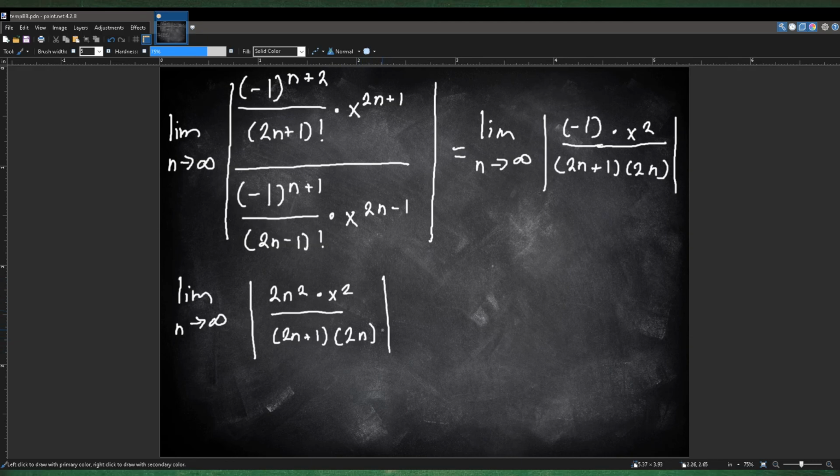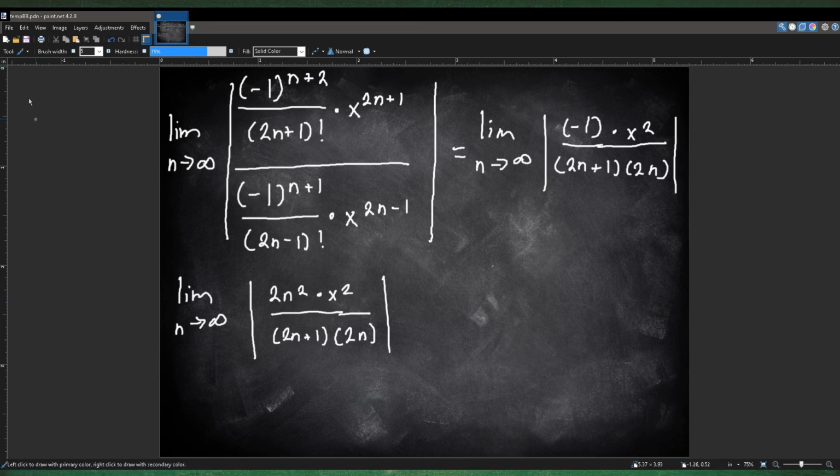I'm trying to show you how we have to do it if the limit is not exactly 0. Because if it's exactly 0, that tells us that it's converging all the time. So let's see what happens when it's not converging all the time. How do we do that?